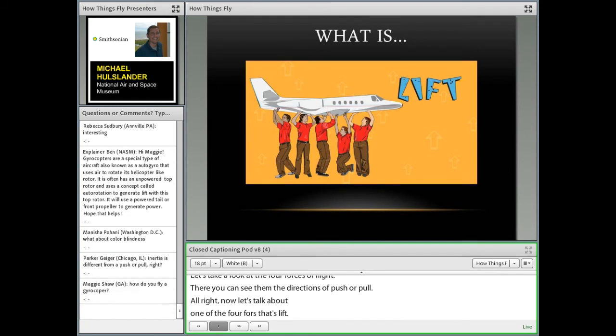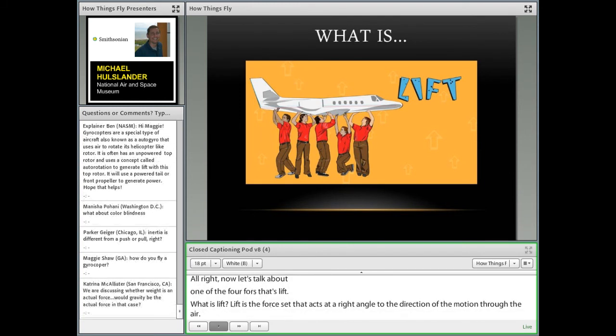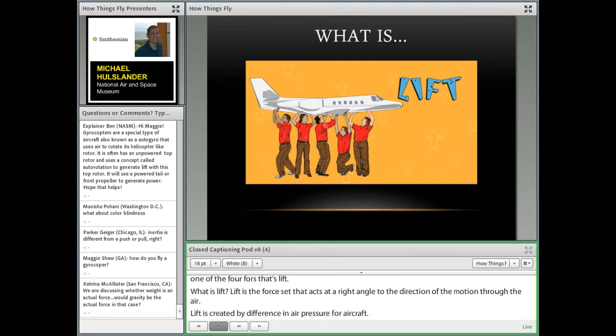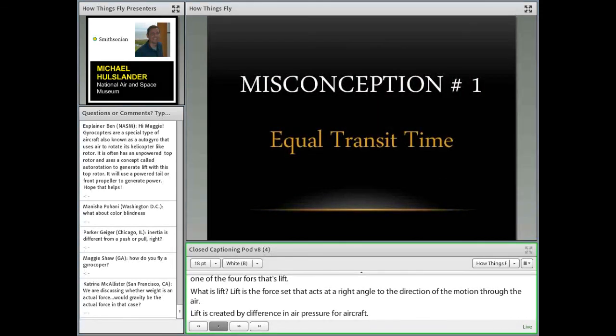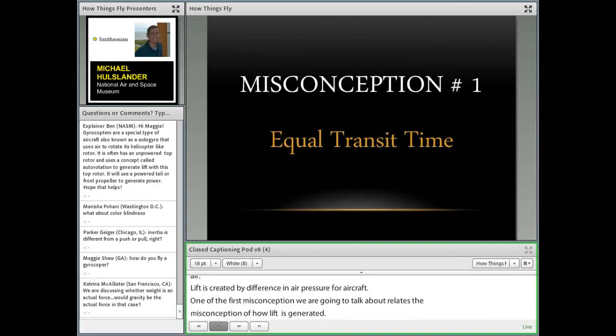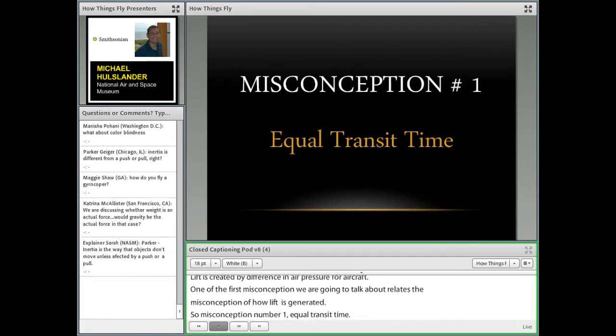One of the first misconceptions we're going to talk about relates to how lift is generated. So misconception number one, equal transit time. This first misconception, you might have also heard of it called the longer path theory.